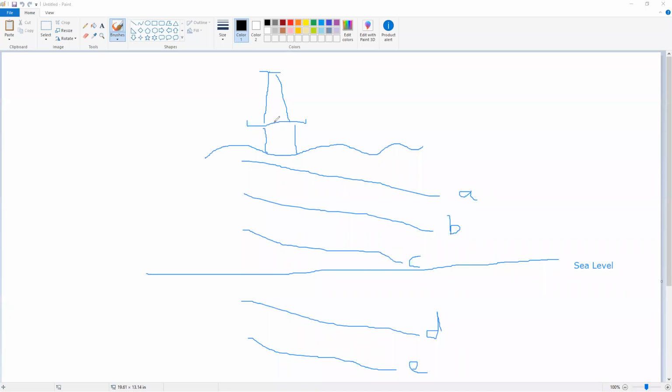Here I have located the KB, and we know that the KB is the vertical distance from the sea level. Therefore, I'm going to draw a vertical line with black color. This vertical distance with respect to sea level till the KB is known as the KB.